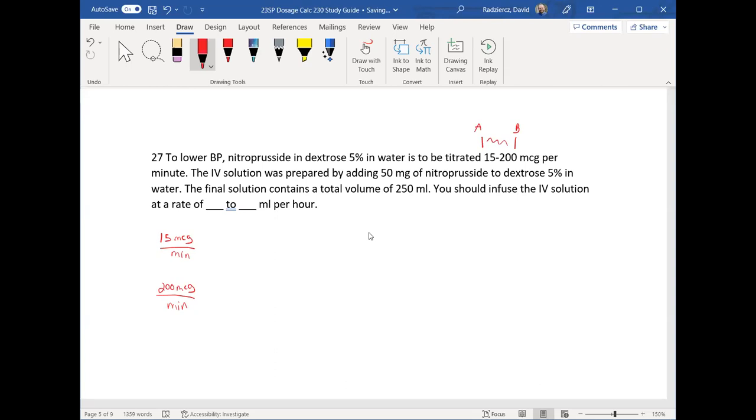I want to convert micrograms to milligrams, but I'm going to wait on that. I don't necessarily have to do that right now, but I do want to convert minutes to hours. Okay, so I'm going to multiply this by 60 minutes. Same thing here. I'm doing these two simultaneously because these are the two answers that I'm looking for.